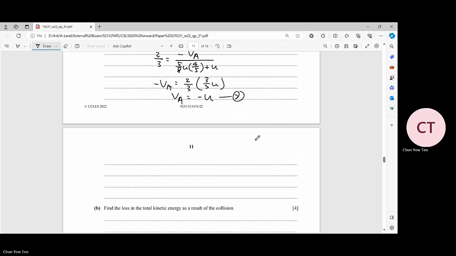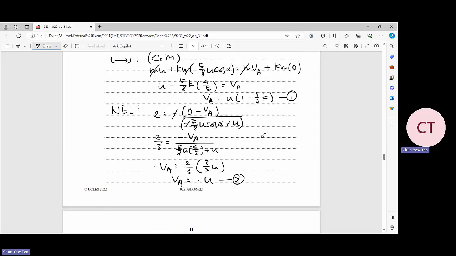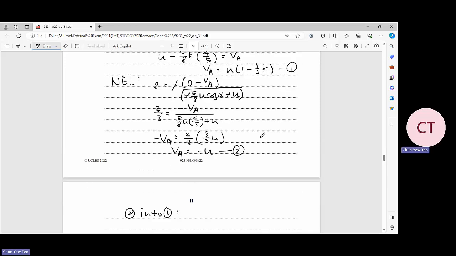To continue, put 2 into 1. Then negative u equals u times (1 minus half k). Cancel the u, then you get half k equal to 2. Therefore, k is 4.